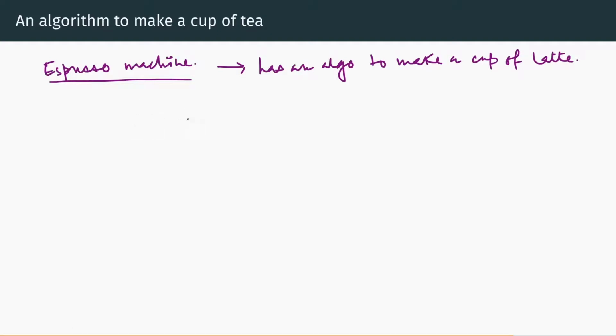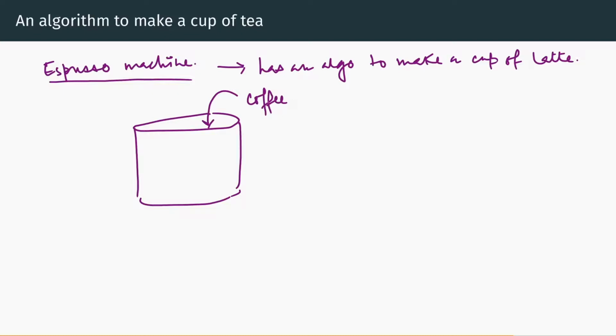Okay. So what it has is an algorithm to make a cup of latte. Think of this as one of those coffee machines that takes coffee, that's one input, and water, that's another input, and it also takes milk.